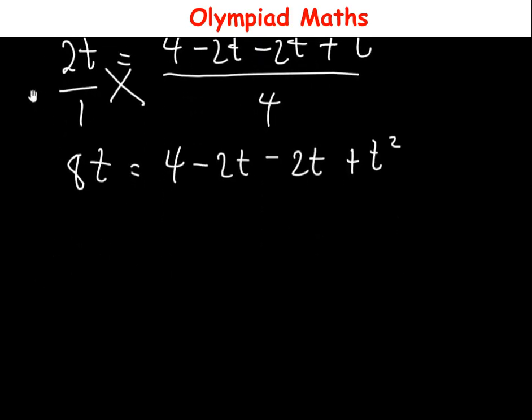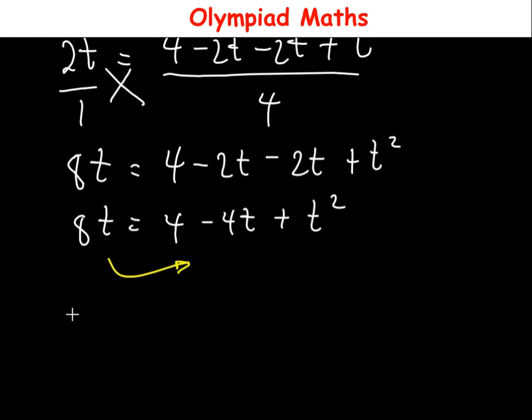And with this, to simplify this further, 8t is equal to 4 minus 2t minus 2t is minus 4t, then plus t squared. At this junction, we are going to move 8t over to this side, such that here then becomes 0 is equal to, we have 4, then minus 4t, then if plus 8t crosses over, it becomes minus 8t, then plus t squared.